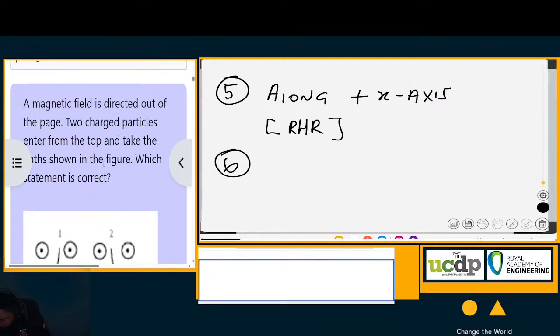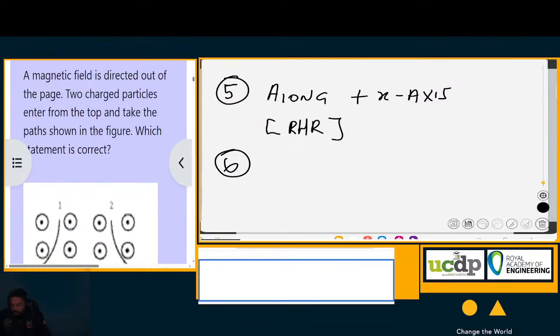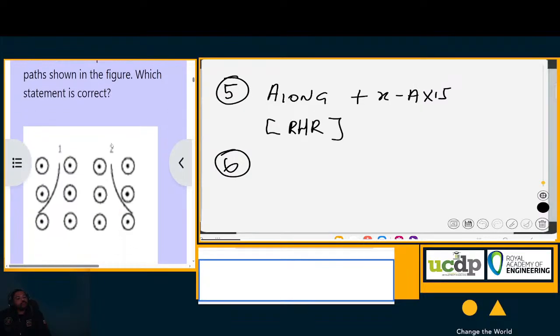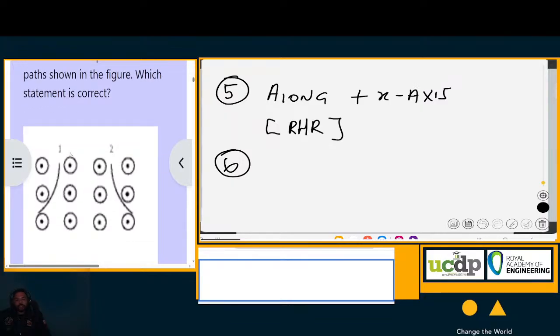Now, if you were to use the right hand rule, if it's positively charged, it will curve towards the left, and if it's negatively charged, it will curve towards the right.